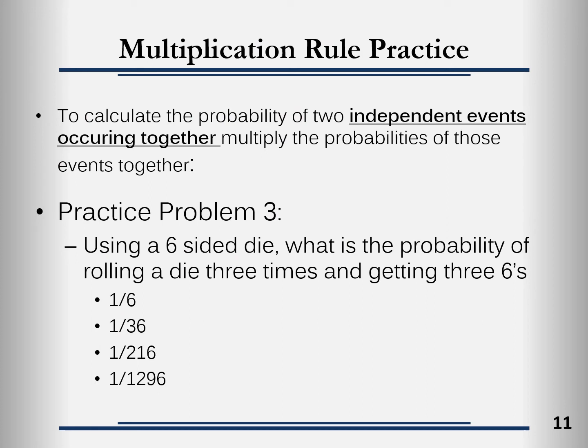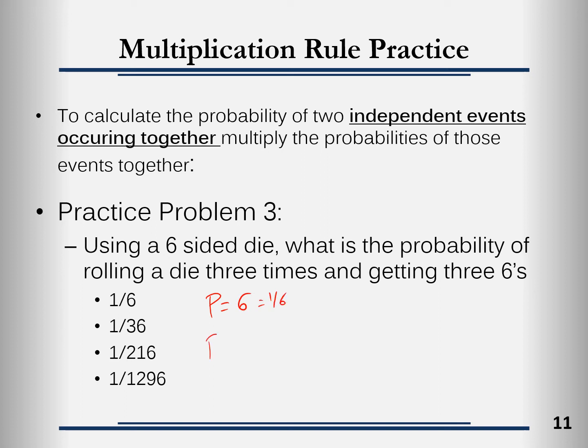The multiplication rule is used to calculate the probability of two independent events occurring together. So let's say we're using a 6-sided die. What is the probability of rolling it 3 times and in each roll getting a 6? Well, the probability of any individual 6 is 1/6.